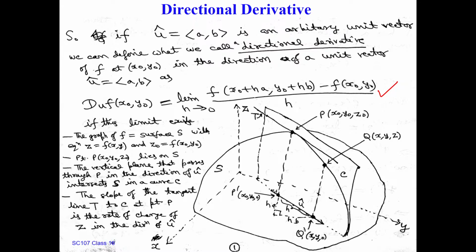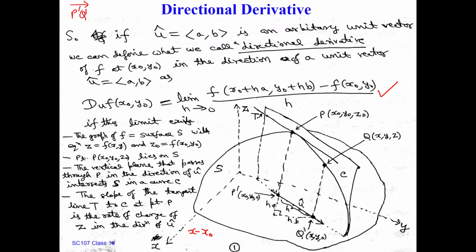So from these calculations, what can I say here? You can see that P prime Q prime is this thing.